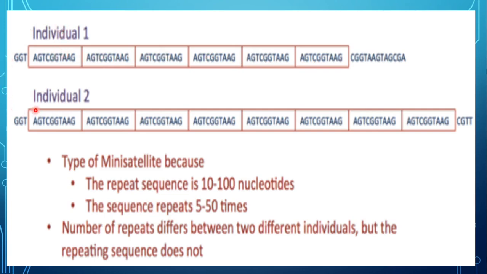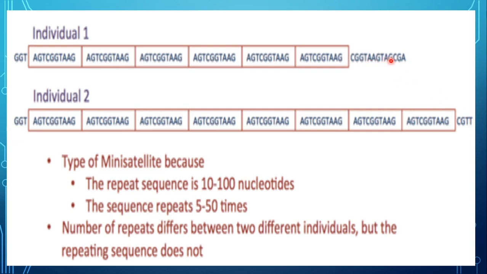In the second individual, the base pairs remain the same, but the number of repeats varies: 1, 2, 3, 4, 5, 6, 7, 8. So we can clearly see the number of repeats has changed. Only this portion is similar in both cases; the rest of the base pairs are not the same.